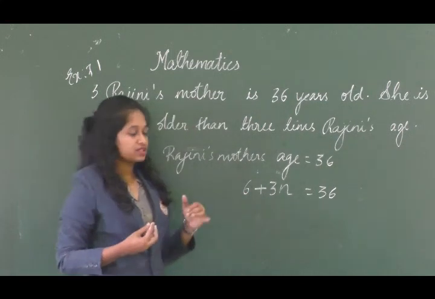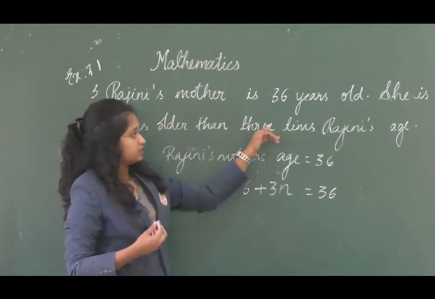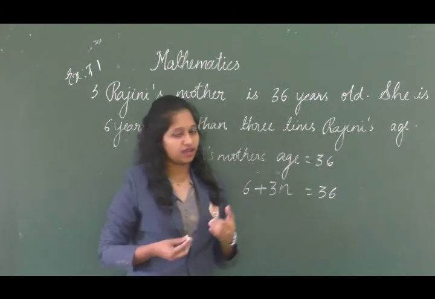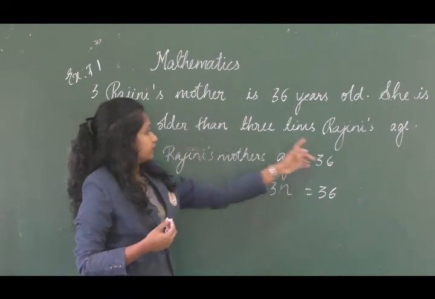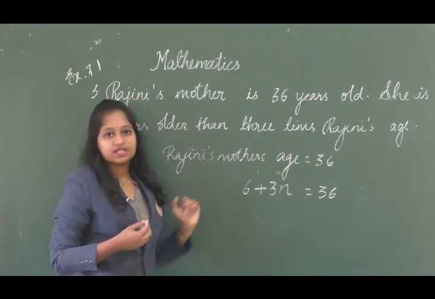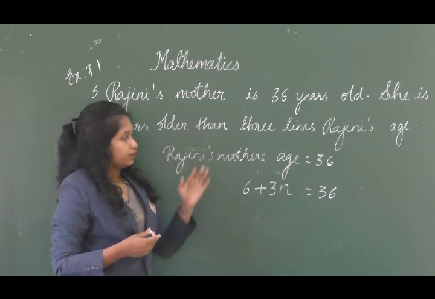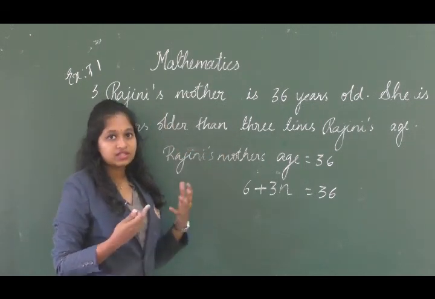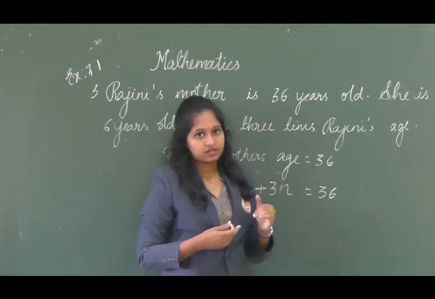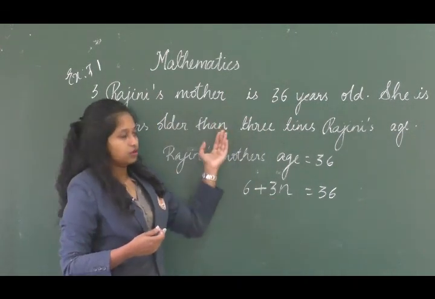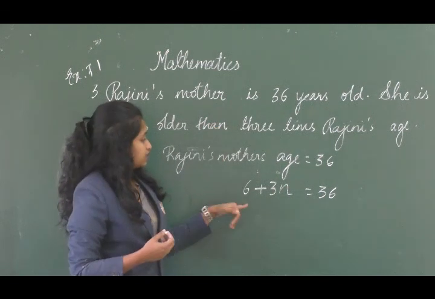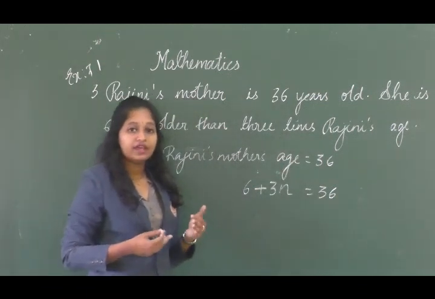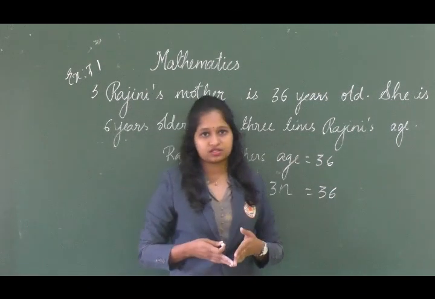So we can write it as 6 plus 3 into n, because Rajni's age we have taken as n. So this complete sentence we can write as 6 plus 3n. And what is this? This is Rajni's mother's age. What is that? It is 36. So both of these sentences we can write as 6 plus 3n equal to 36 or 3n plus 6 equal to 36.